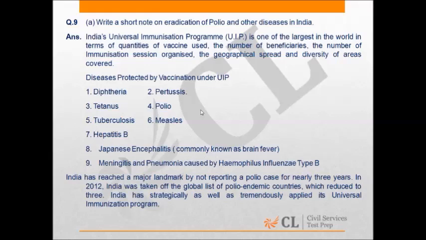They are diphtheria, pertussis, tetanus, polio, tuberculosis, measles, hepatitis B, JE or Japanese encephalitis and meningitis. These are some information about the UIP. Apart from it, on polio eradication, India has reached a landmark since the criteria to declare a polio free country is not a single case within 3 years.